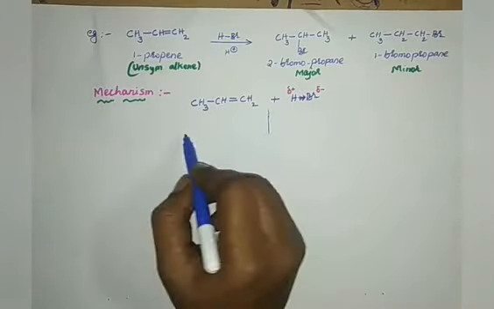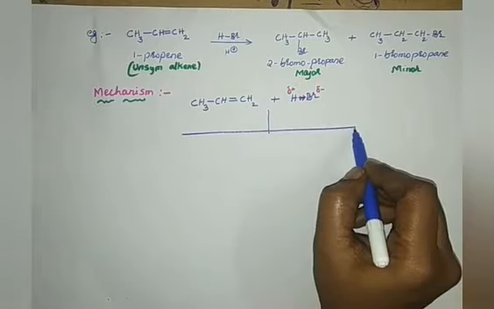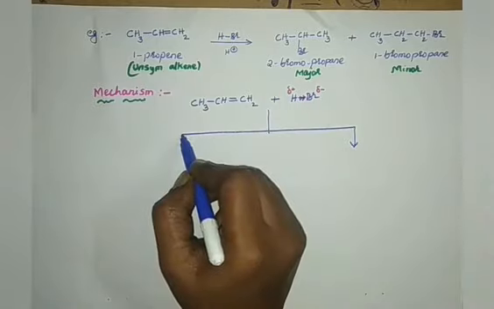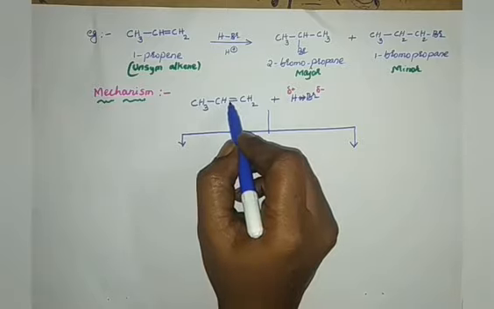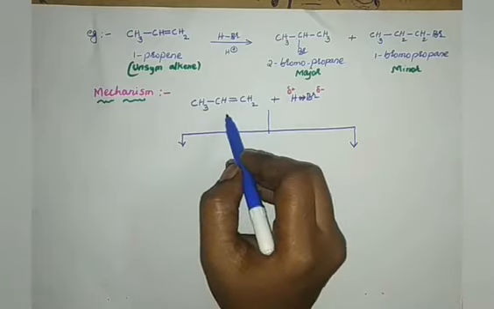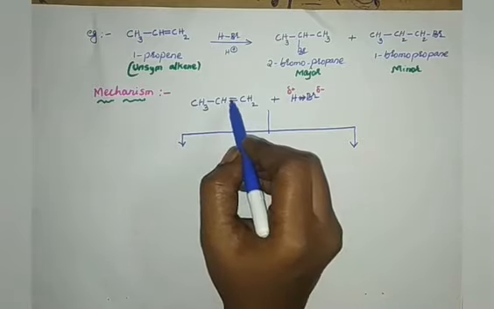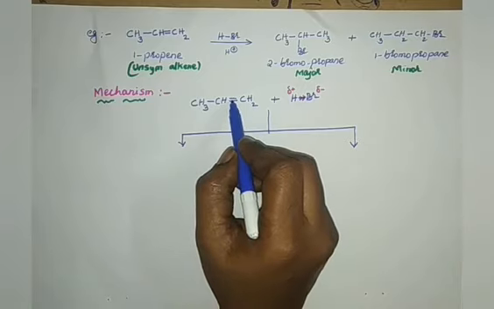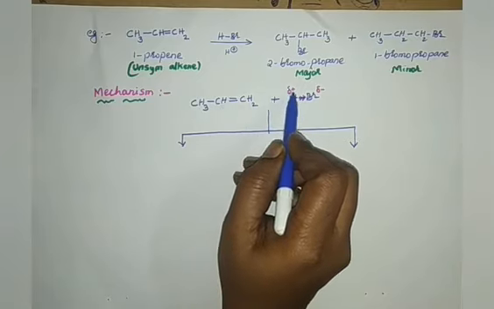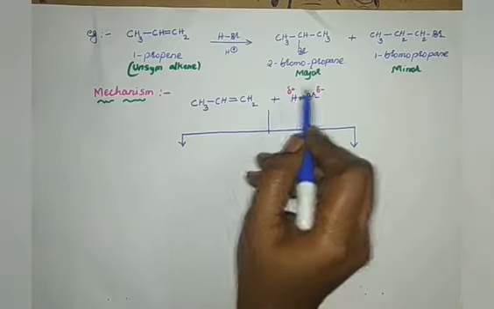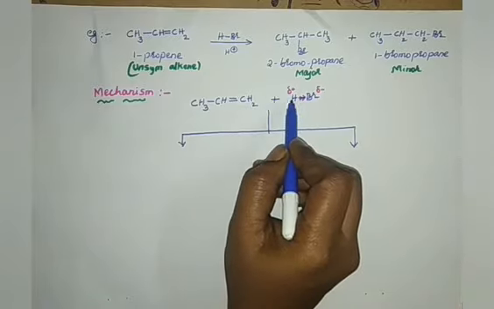And in this, you can imagine, I am writing for your sake. This double bond, I remove the double bond. This is electrophilic addition. That means this double bond acts as a nucleophile and attacks onto the electrophilic center of this reagent. What is the electrophilic center of this reagent? This one.